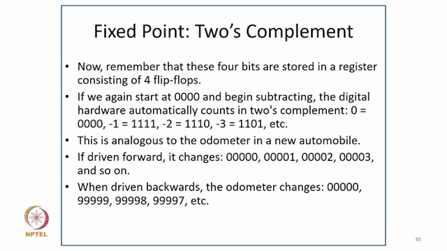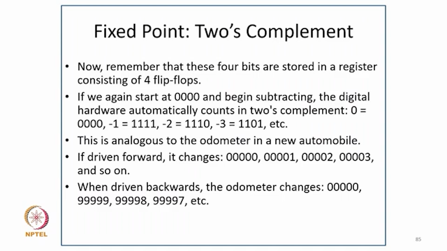Now remember that these 4 bits are stored in a register consisting of 4 flip-flops, and if we again start at 0000 and begin subtracting, then the hardware automatically counts in two's complement: 0 equal to 0000, -1 equal to 1111, -2 equal to 1110, -3 equal to 1101, etc. This is analogous to the odometer in a new automobile.